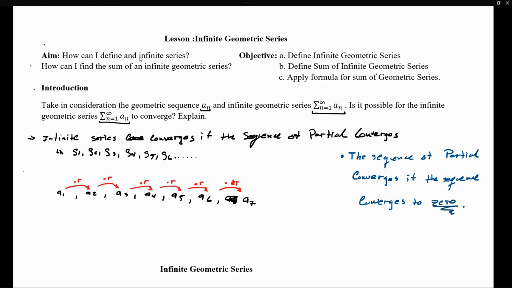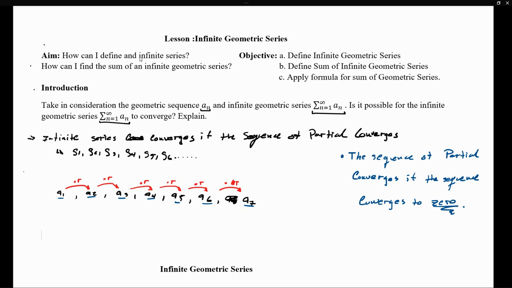In other words, if we take a look at the values of the terms in the sequence, and we see that those values are getting closer and closer to zero, then we can assume that the partial sum sequence is going to converge as well.